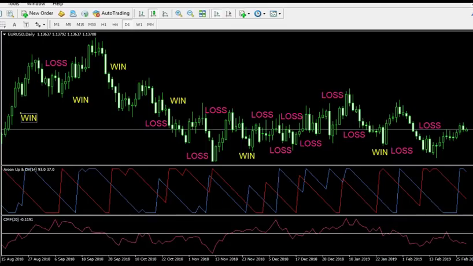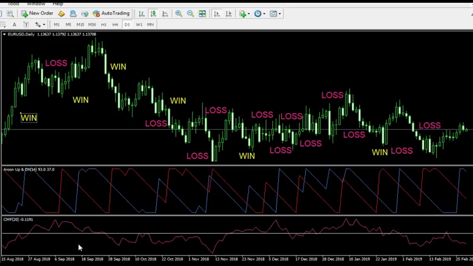Now, we're not going to use it that way for this. All this is doing is giving us confirmation. So every time we get a signal here, because for this exercise, this is my main numero uno confirmation indicator, all I'm going to do is, right here when it said go long, look down and see if this line is above this line.